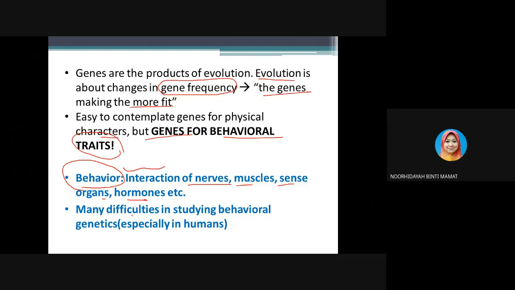So there are many difficulties in studying behavior genetics, especially in humans. It is easy to study genetics, but it is not easy to study behavioral genetics, the genes that cause behavior changes. It is hard to do the study.